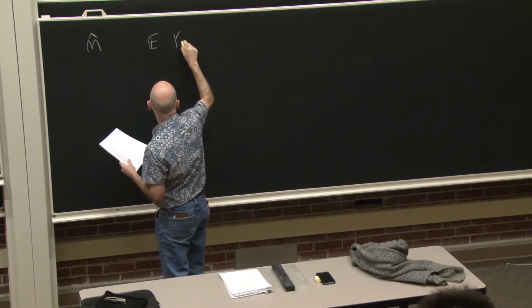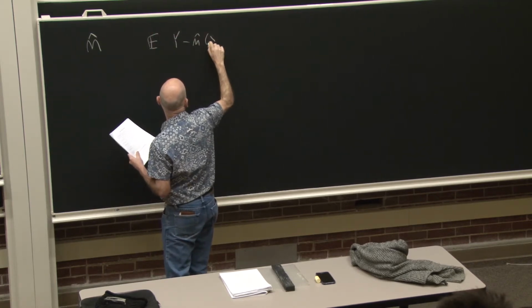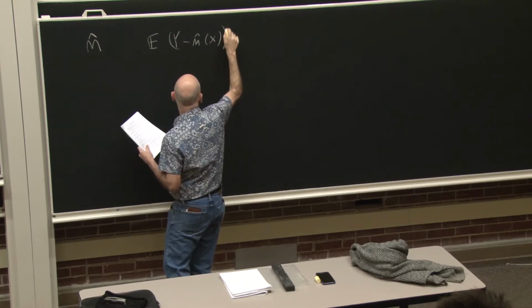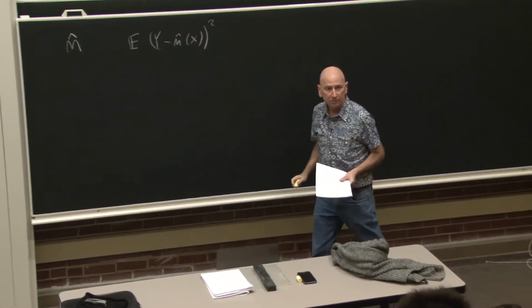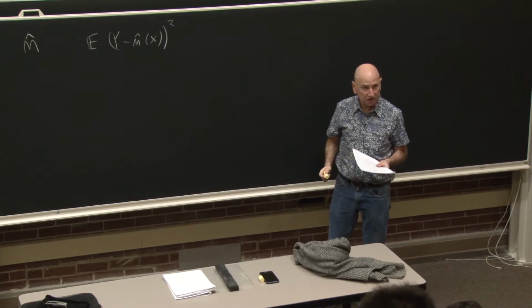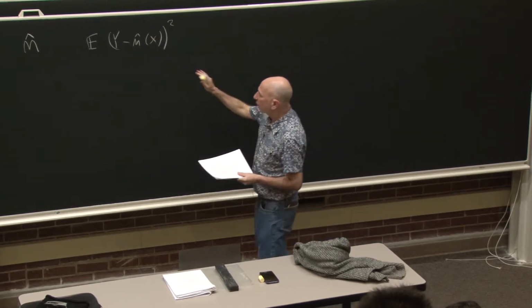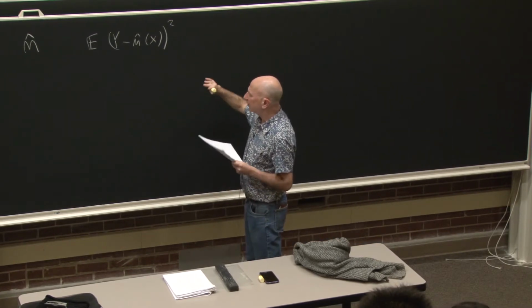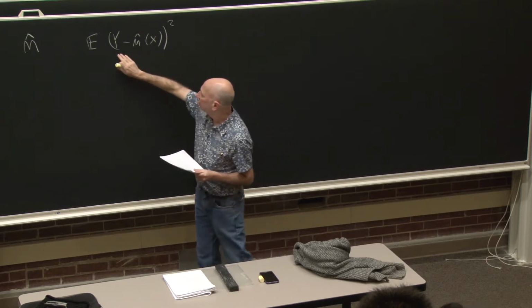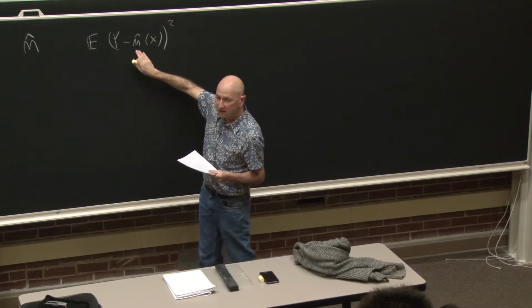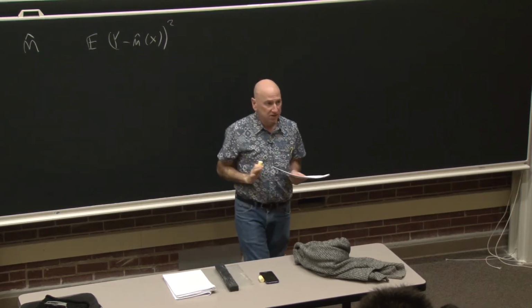So here comes new y. You predict m hat. So we're going to use squared error loss because it's the most commonly used loss. Again, it's not the only one you could use. And when we look at a prediction error like this, we can talk about it where y and x are the only random things and we're fixing this, or also over the randomness of m hat.